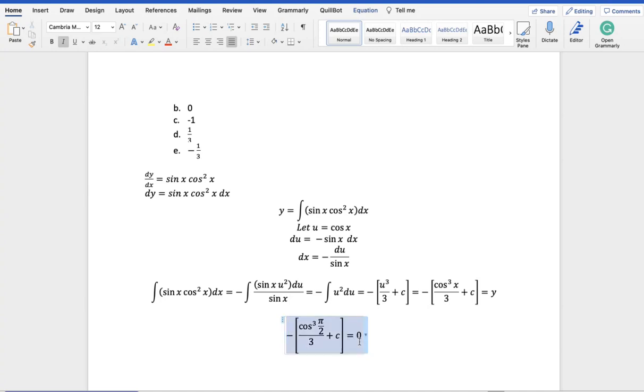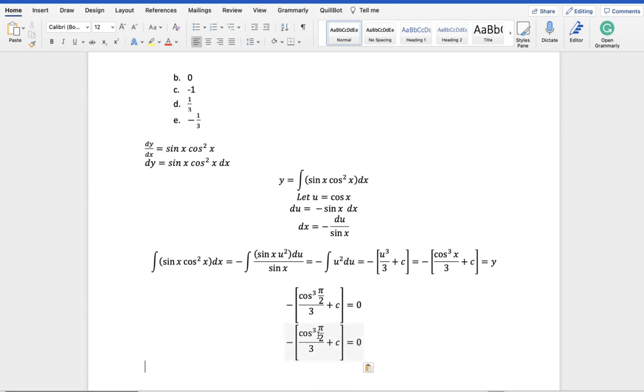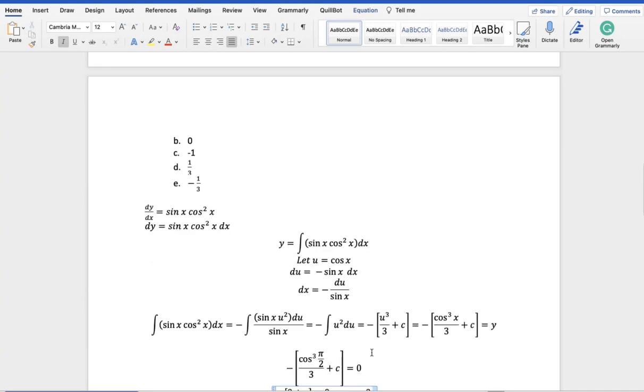So therefore, going back to this equality, 0 cubed is just 0, over 3 is equal to 0. So you have negative c basically is equal to 0, which just means that c is equal to 0. So now you found the value of c, which is 0.